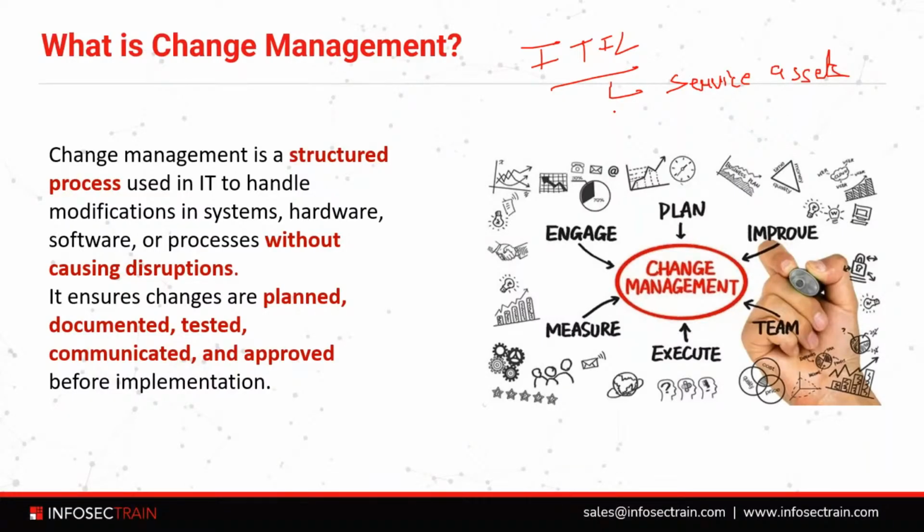These are the things, processes, or people who contribute to the delivery of an IT service. Then there is configuration item. So configuration item is an asset that requires specific management procedures for it to be used to deliver the service.